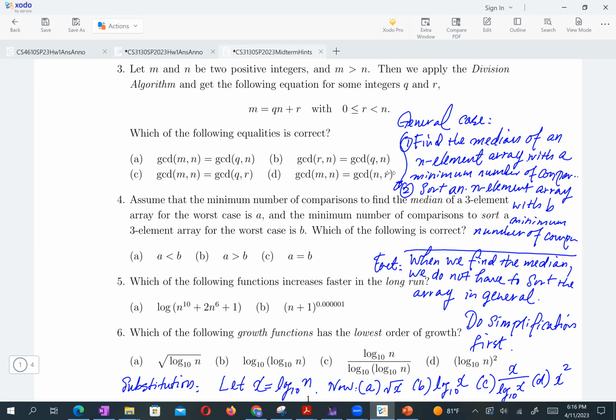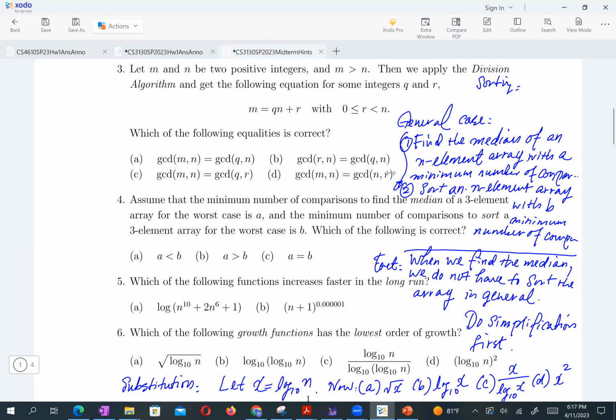Let me give you an idea. For sorting, the worst case, what do we need to do? The big O or big theta. Let me use the big theta way. Sorting, if I use the big theta, the amount of work is big theta of n log n.